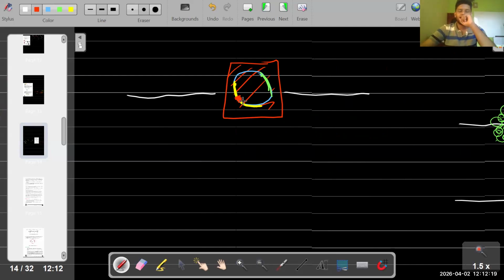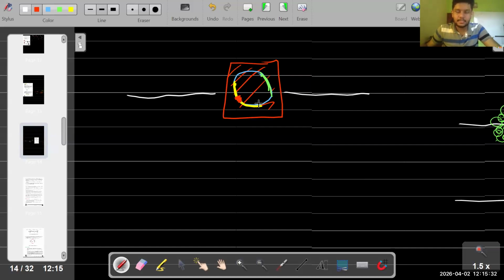Okay. Now this is fine, right? Now the red color part is agrobacterium.